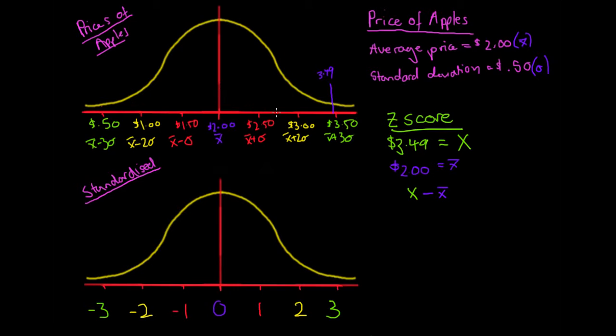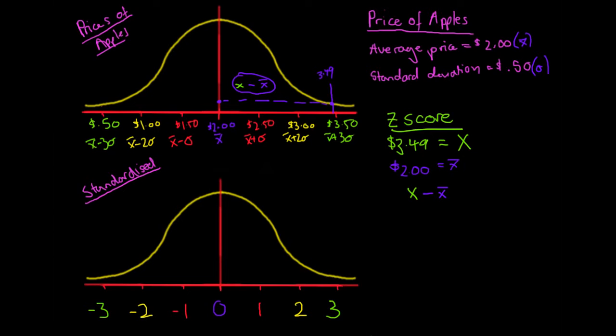And that basically gives us the distance from this value to the mean. That is this x take the x bar, which is the mean. And that gives us this distance here.